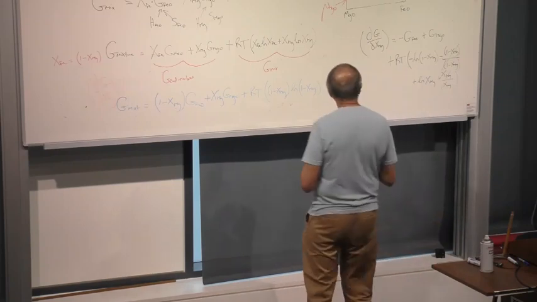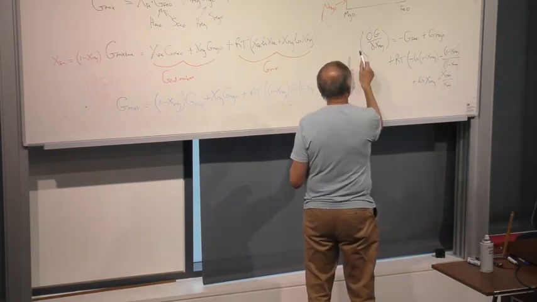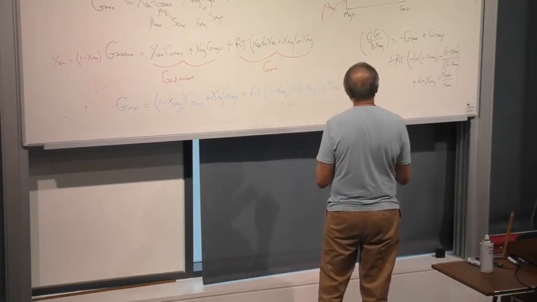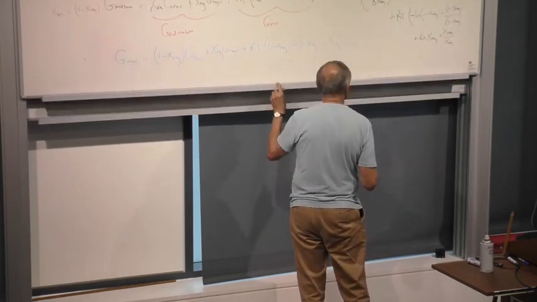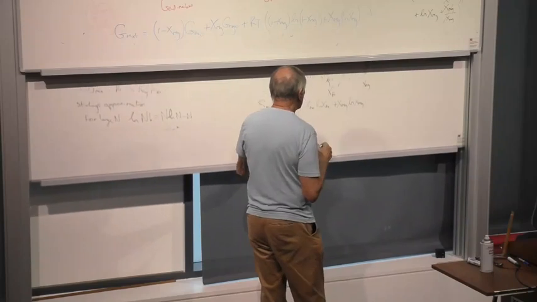And then what we need to do is multiply that by 1 minus xMg and add to G, if you recall from the first lecture.